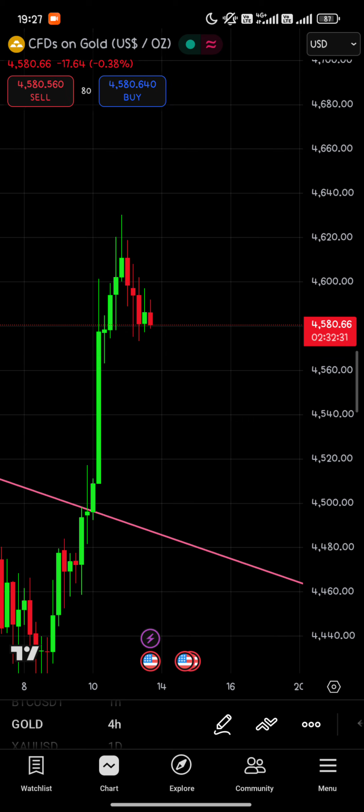But we need to be able to know that price is moving up because of what? Price is moving down because of what? Because there is always cause and effect behind each and every movement of the candle, right?